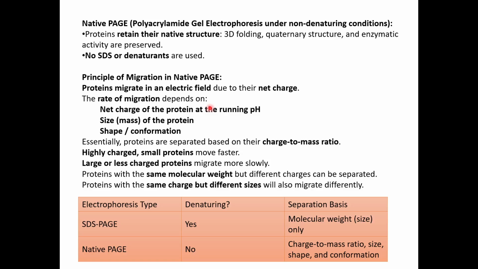So next is native PAGE. It is under non-denaturing conditions. So like we discussed, the proteins retain their native structure, 3D folding, quaternary structure, and enzymatic activity are preserved. So no SDS or denaturants are used in this case.